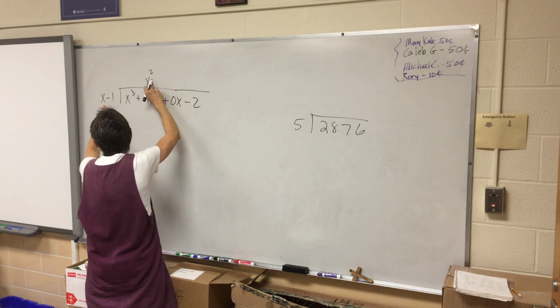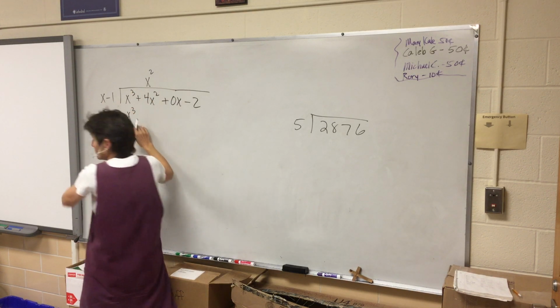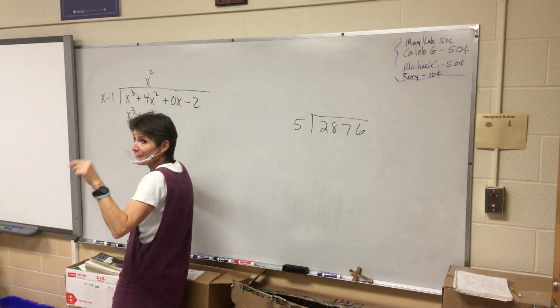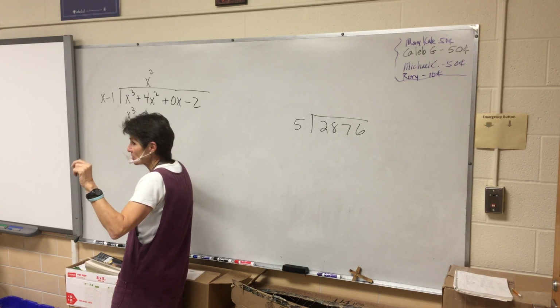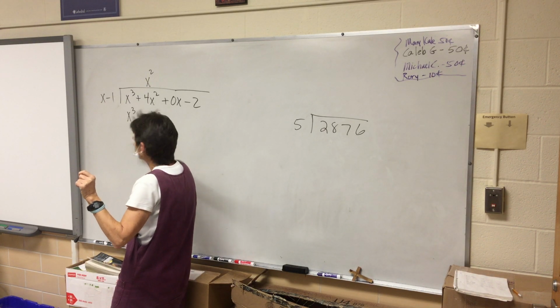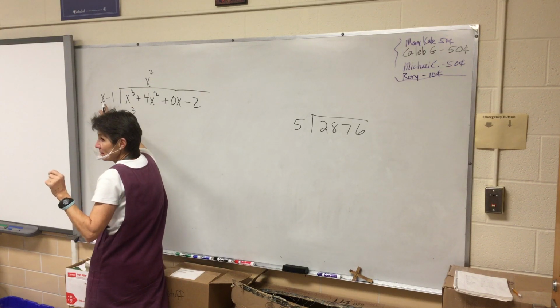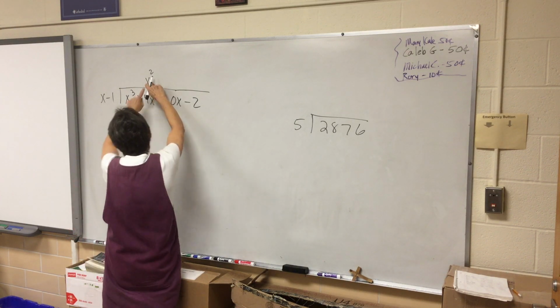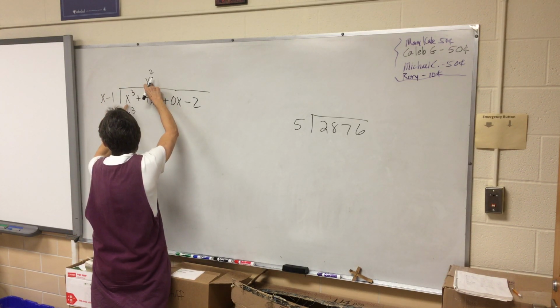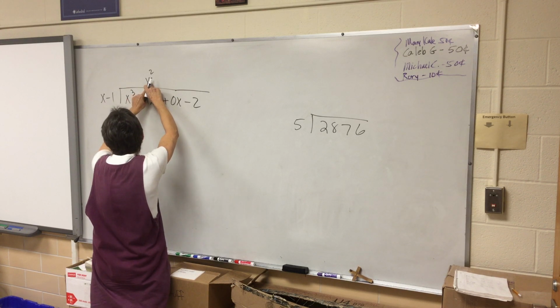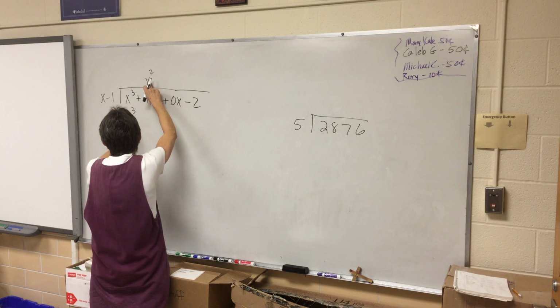X squared times x is x cubed. Would everybody agree with me? You gotta match them. This isn't going to work if you don't match them. So whatever you got out here, figure out what you're going to multiply it by to give you this first number right here. So x squared times x is x cubed.